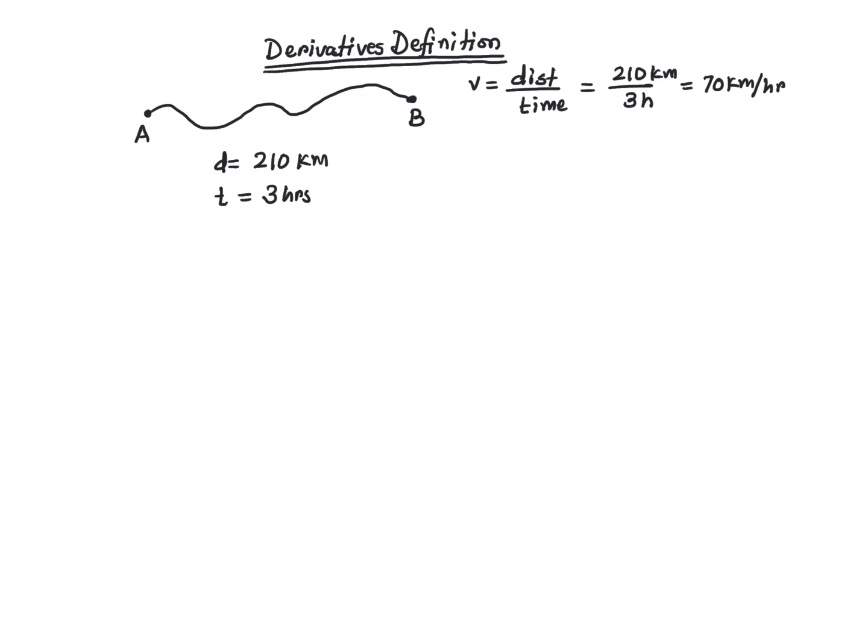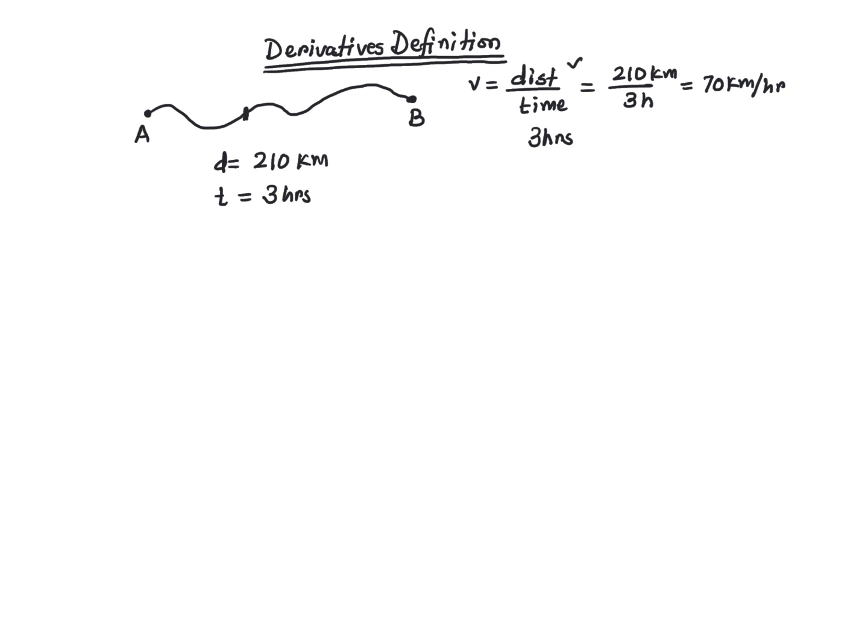Now that's over a window of time, right? What is that window of time? That window of time happens to be 3 hours in our case. However, what if we want to find out the average velocity over 1 hour? Can we do that? Sure. Let's say after 1 hour you are here and you cover a certain distance, and you use the same formula, distance covered divided by time.